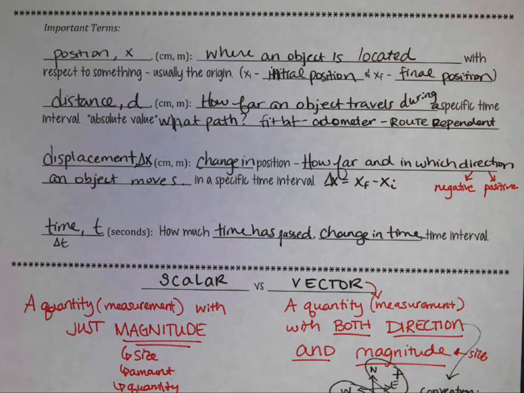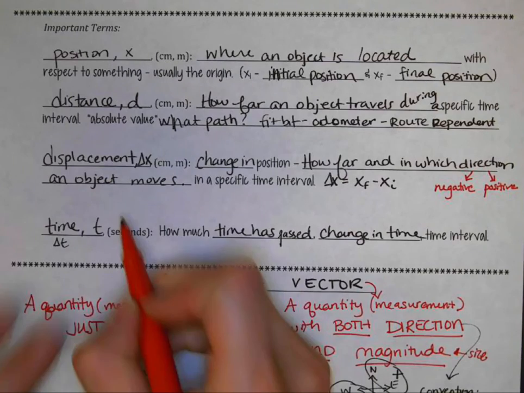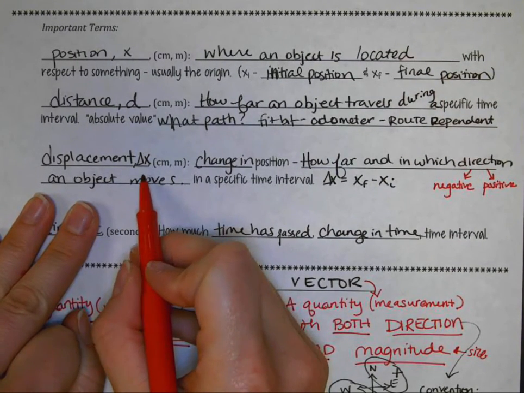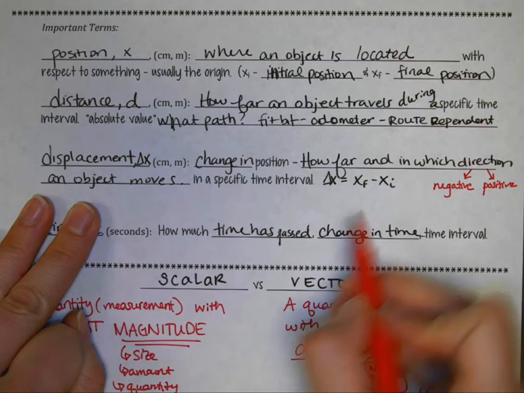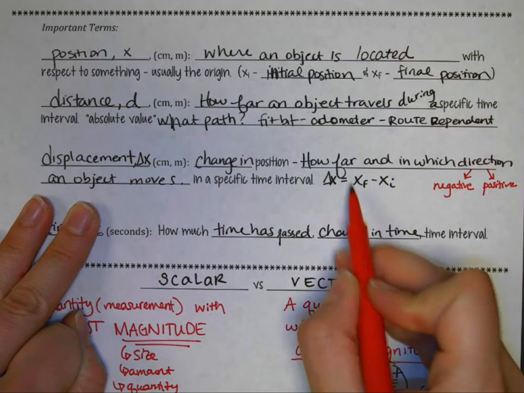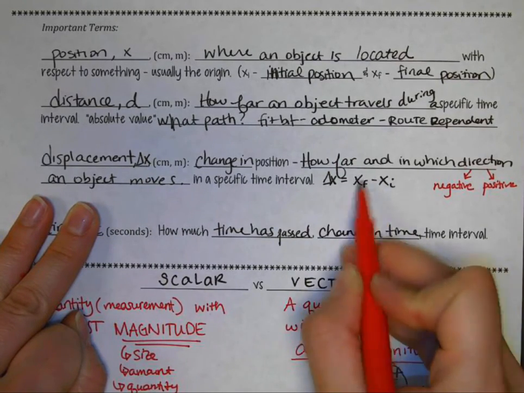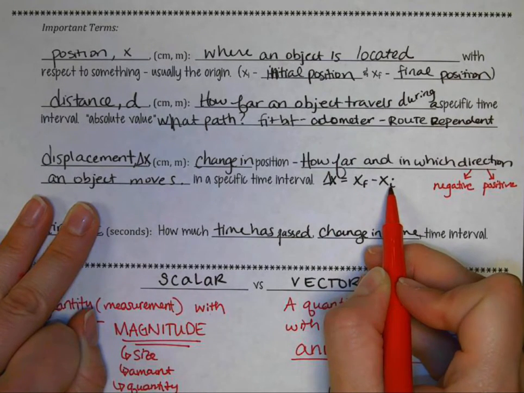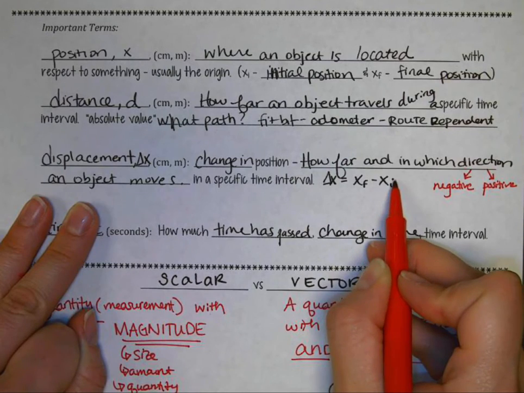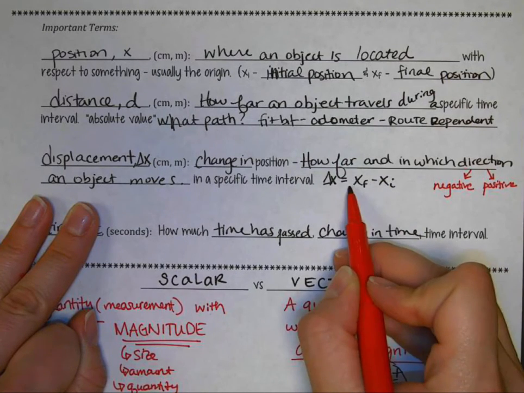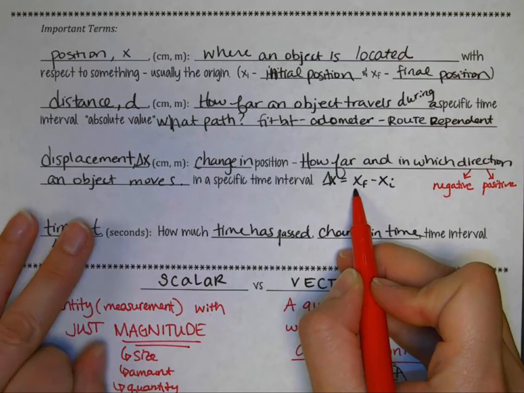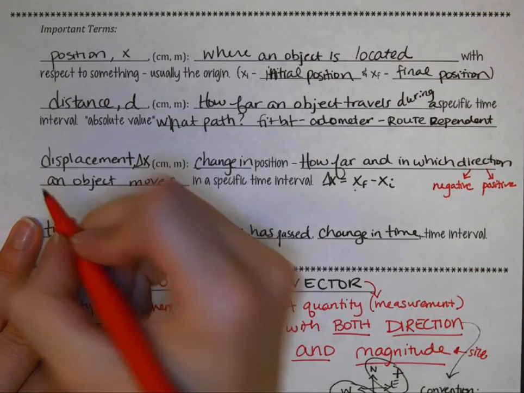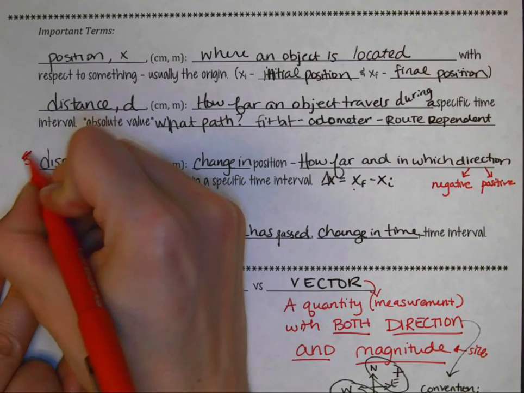But going to displacement, if I have a change in position, it most definitely is going to matter which way or which number each one of these was. I could end up with a negative displacement if I have a greater value as my initial position and a smaller value as my final position, which again, it's based on an origin that you set, but then that definitely is a vector.